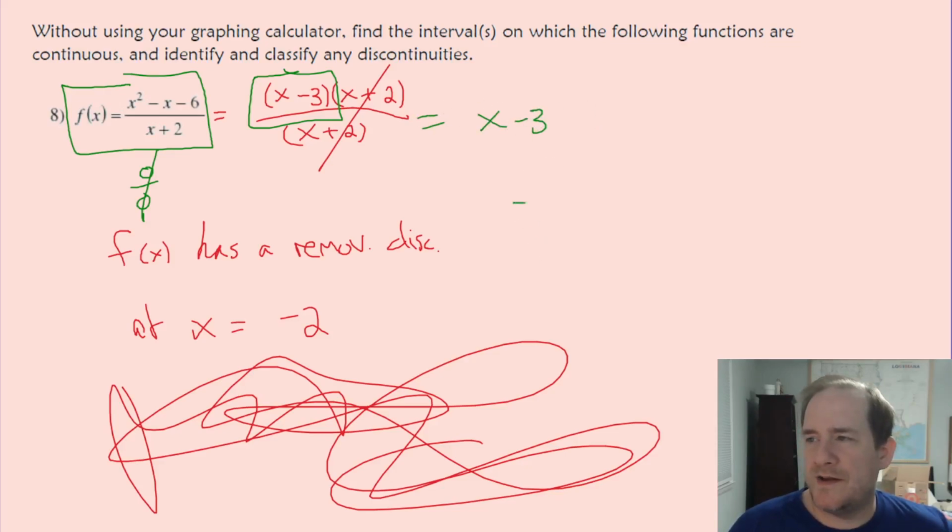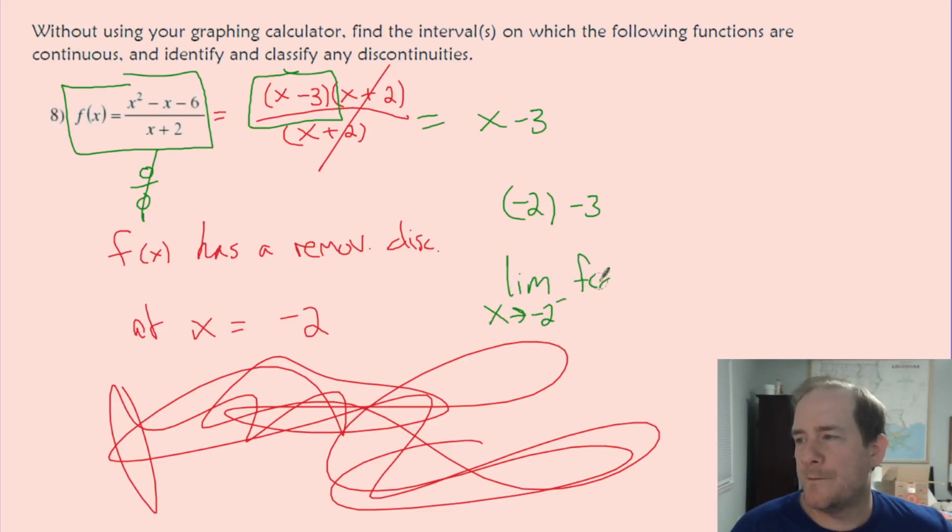So if I plugged in negative 2 minus 3, that's going to tell me that both of my limits, the limit as we approach negative 2 from the left, is negative 5. And that's also the limit from the right.